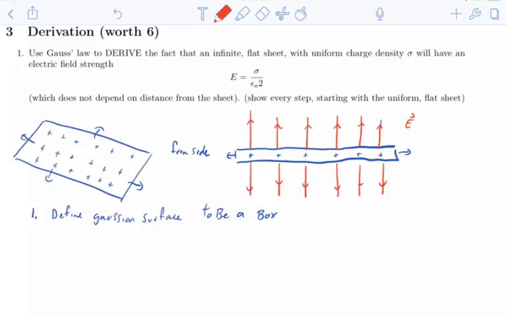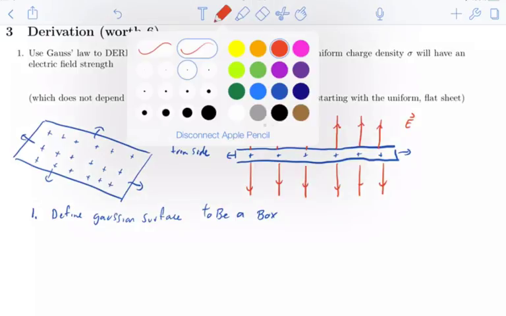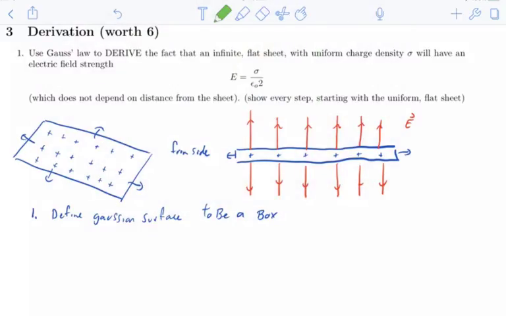Okay? So first, I'm going to define my Gaussian surface to be a box. The box has 4 sides, and the top and bottom are parallel to the sheet.